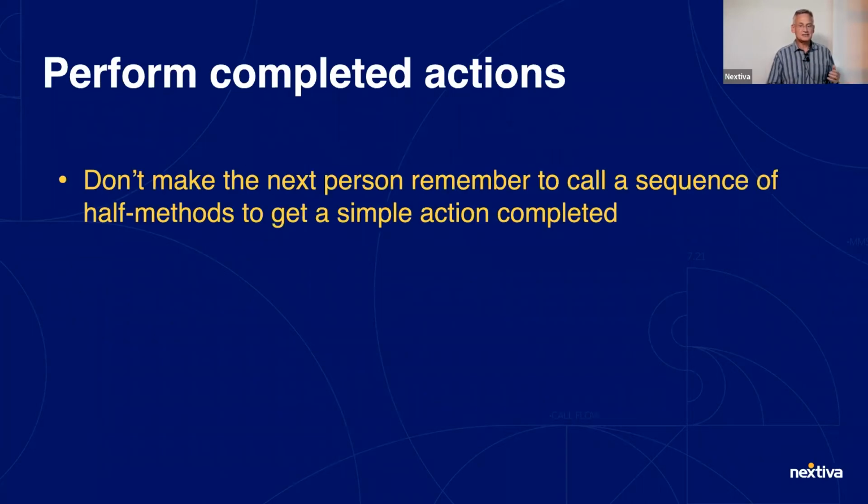If it takes a whole sequence of calls that do half-completed actions to get something done, you're forcing a person to learn it and hold it all in their head. If you can make it so that you're performing completed actions in the individual methods or functions, that's going to be a lot easier for the person.